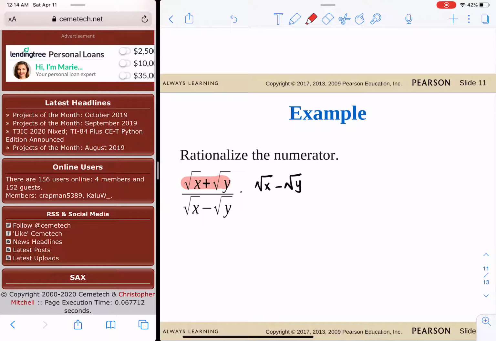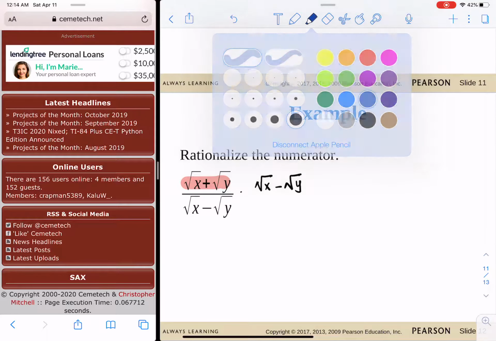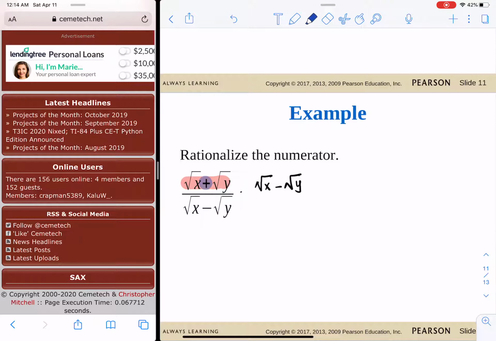Keep in mind, if we have a plus there, the conjugate would have a minus. That's why we call it the conjugate. It is an opposite. So we're going to multiply and divide by square root of x minus square root of y.